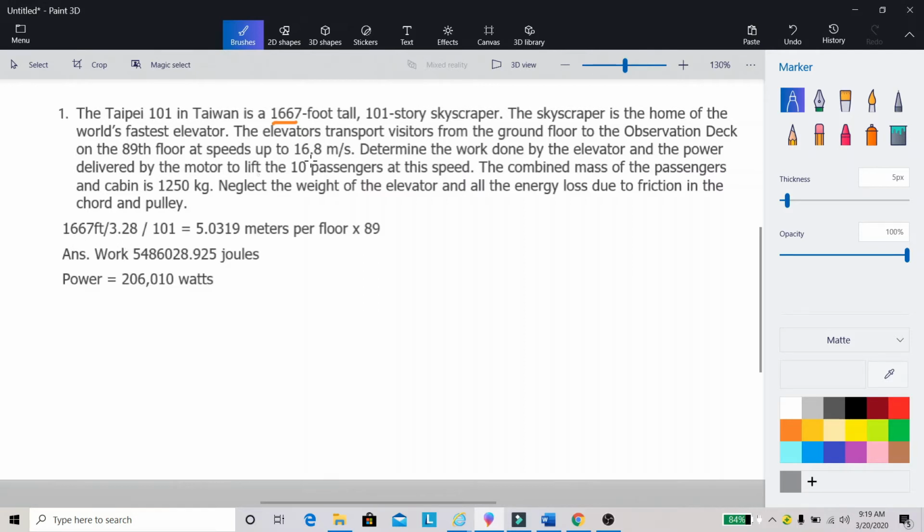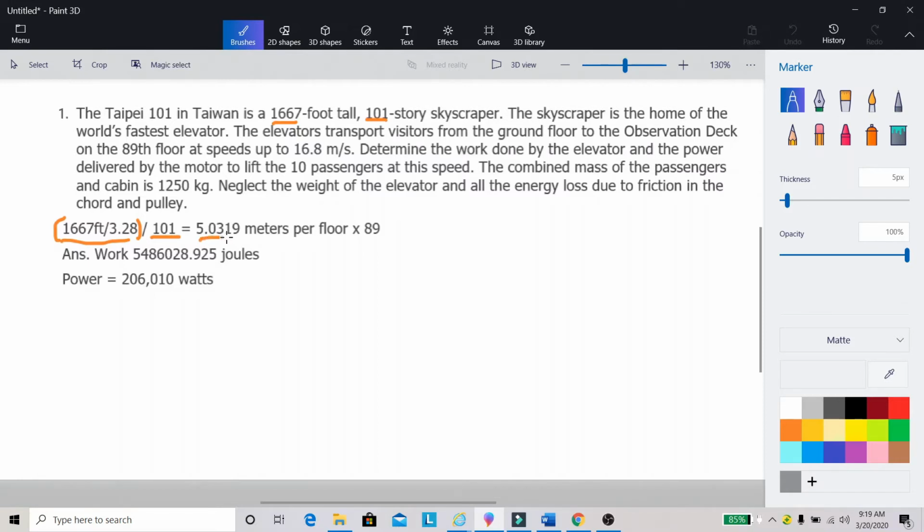So, yung 1,667 feet, i-divide mo sa 3.28 para ma-convert mo siya sa meter, ano? So, yun yung ginawa ko dito. Dinivide ko sa 3.28 at pagkatapos ang lahat ng yan ay i-divide ko sa 101 kasi yun yung total height of the building.